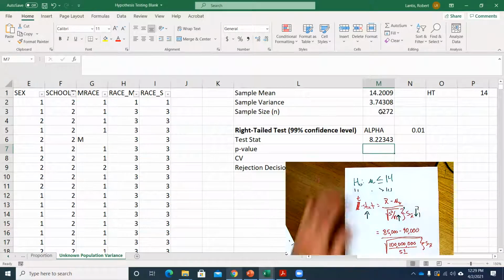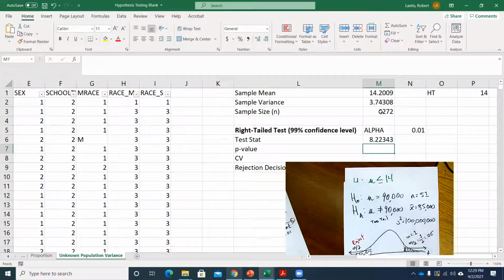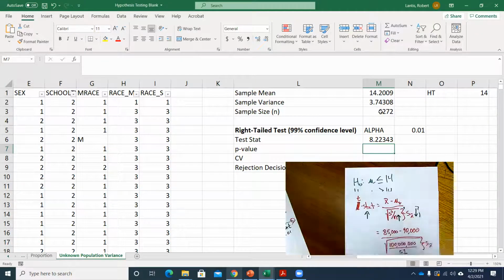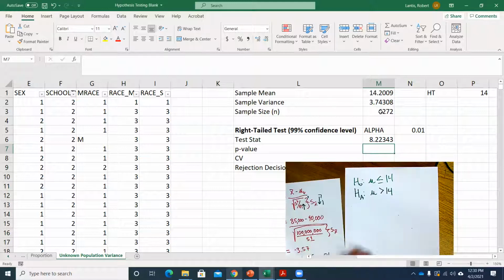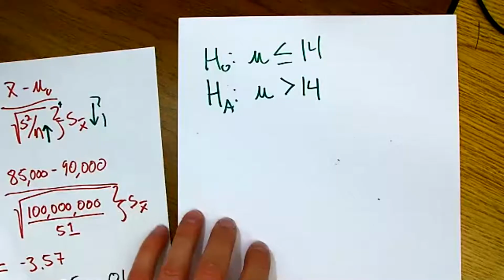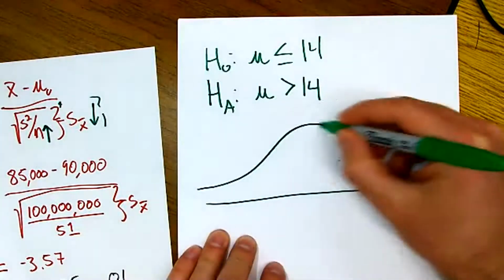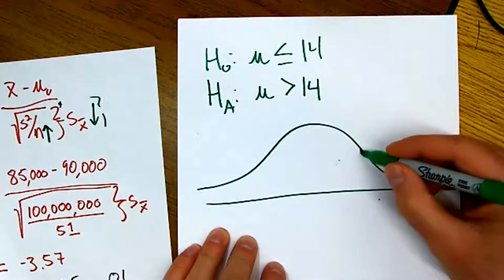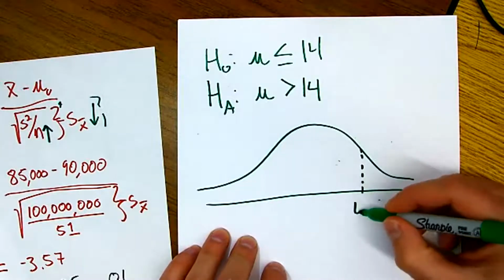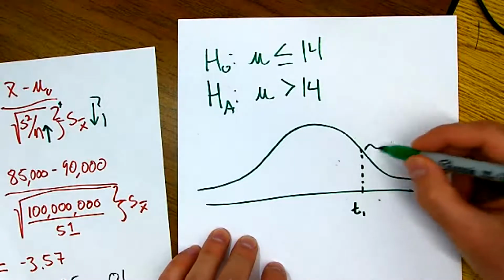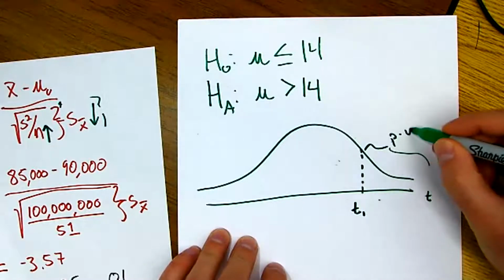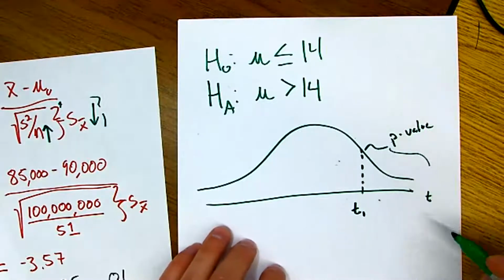And if I'm thinking about a larger test statistic, I'll just redraw it. So if I have a larger test statistic, think about if we go from a scenario where we're looking at a right-tailed test. If my test statistic is here, we'll call this T1, here would be my p-value, the area to the right.